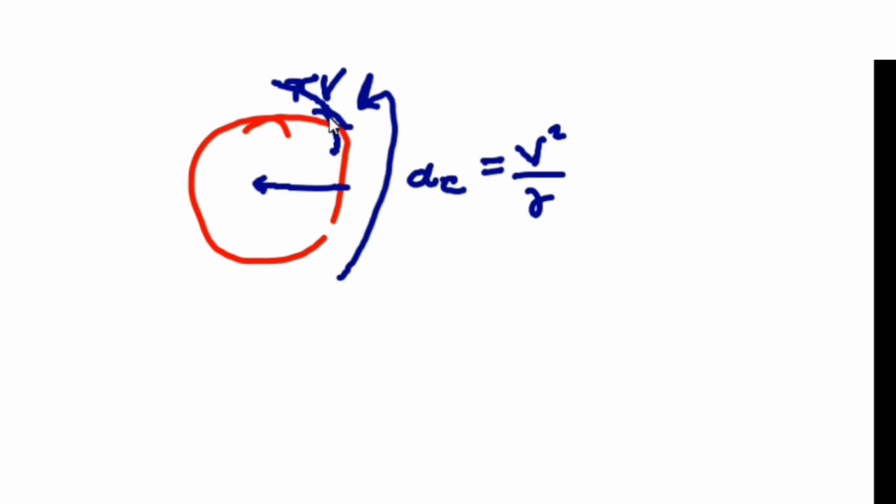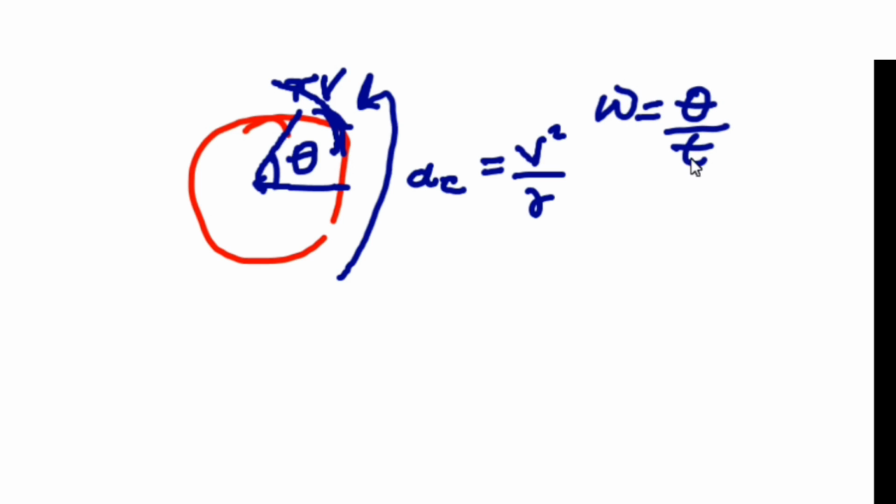As the object is moving with a linear velocity around this circular path, don't mind the drawing. So this is a circular path. When the object is moving with linear velocity around a circular path, it's moving through an angle theta. We define the angular velocity as the angle turned through divided by the time elapsed.